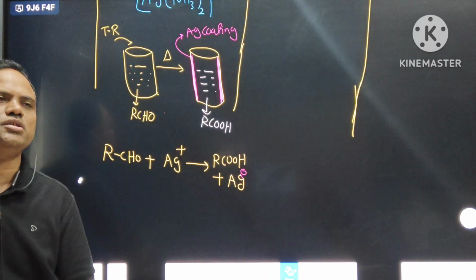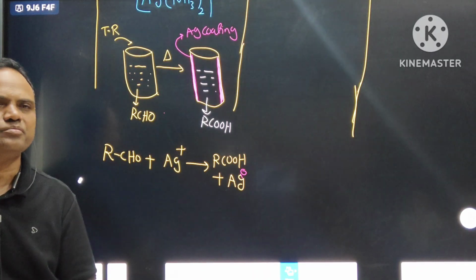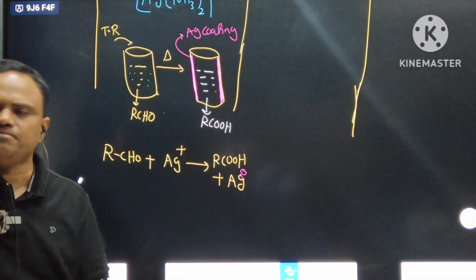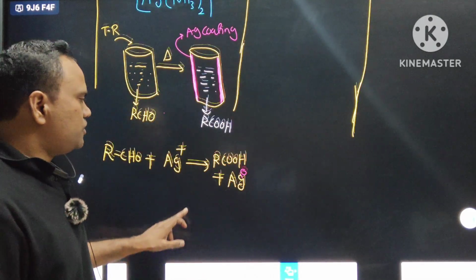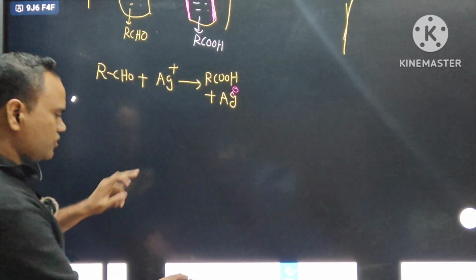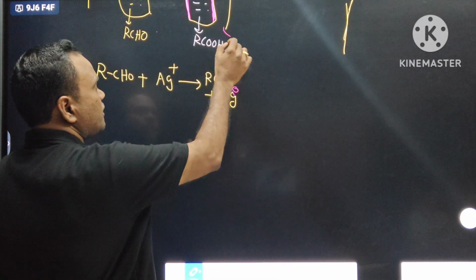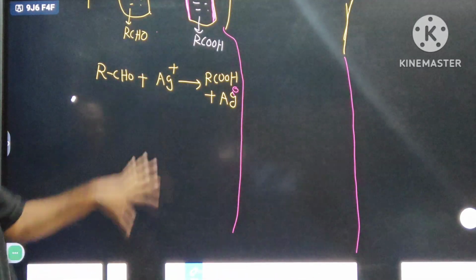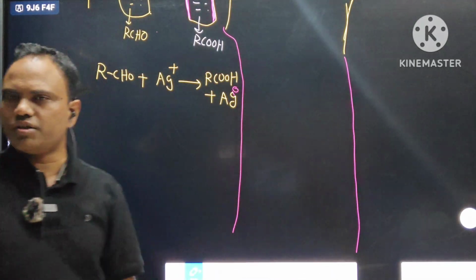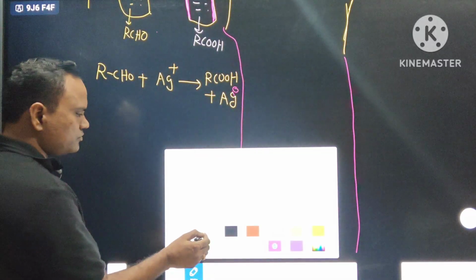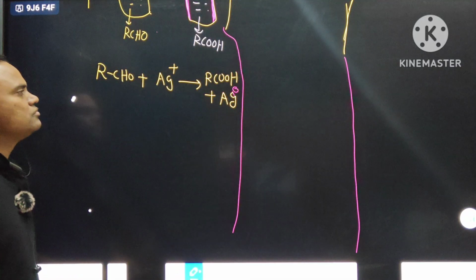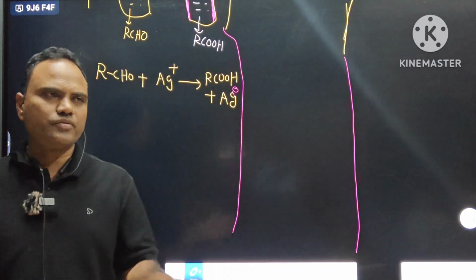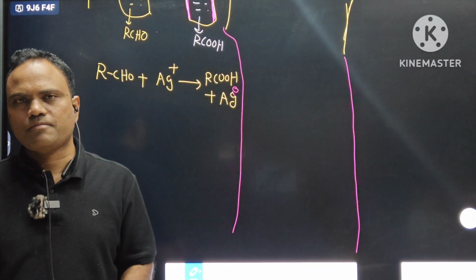Okay, now coming to the examples. Main question area. Continue in that column only, same column. If you write in the form of a column, you can prepare easily. All types of aldehydes give Tollens test.